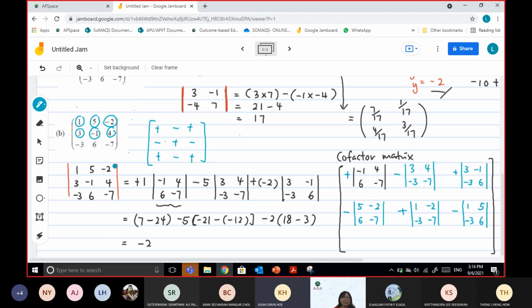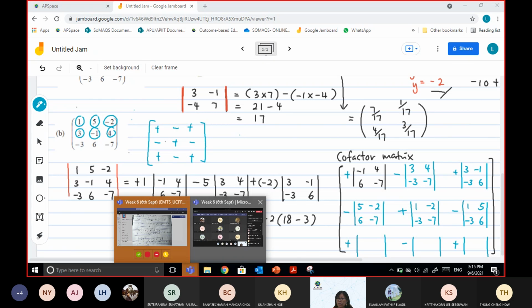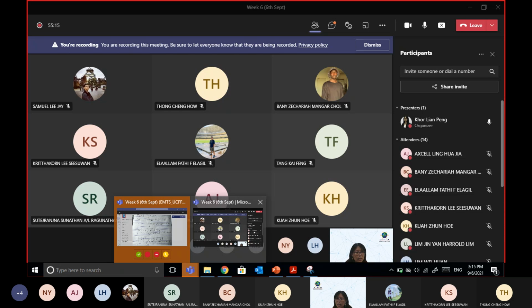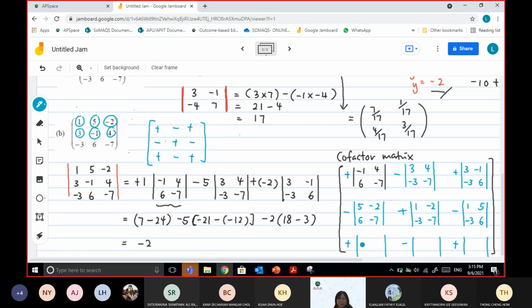Okay, thank you. Next we will proceed to the last row. The sign pattern will be plus, minus, plus. I would like another student to tell me what the values here are. Jing Yan. 5, negative 2. 5, negative 2, correct.